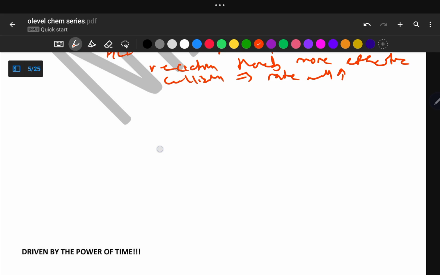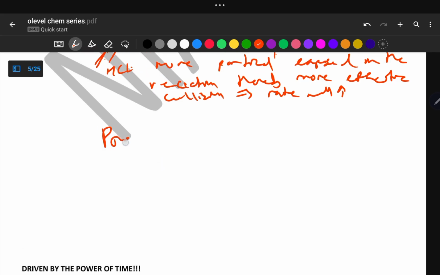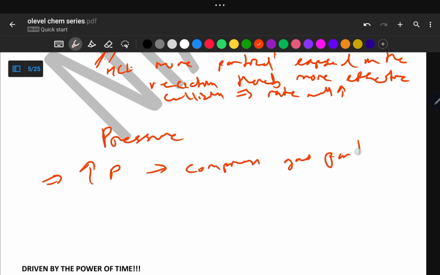For the effect of pressure, we normally discuss pressure only for gases. Increase in pressure results in the compression of the gas particles into a smaller volume, right?